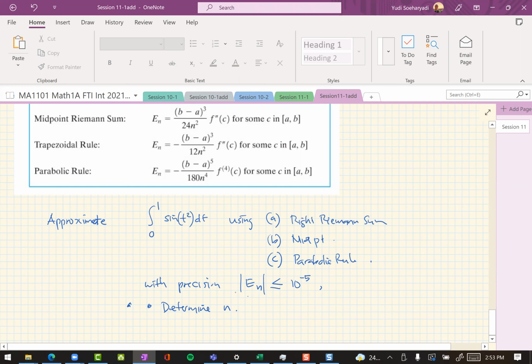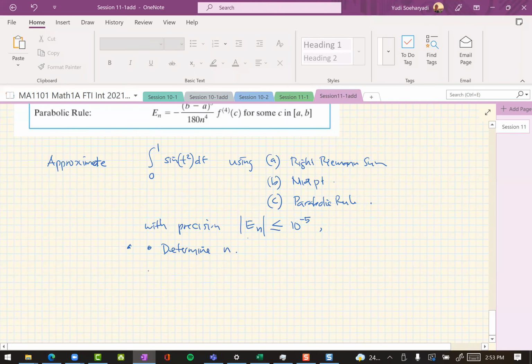First determine n, and then compute the approximation according to these precisions.